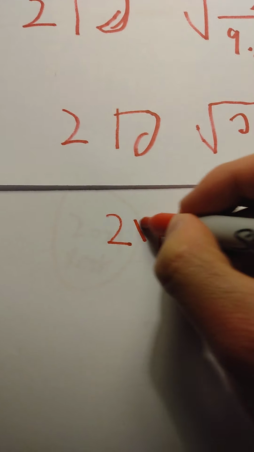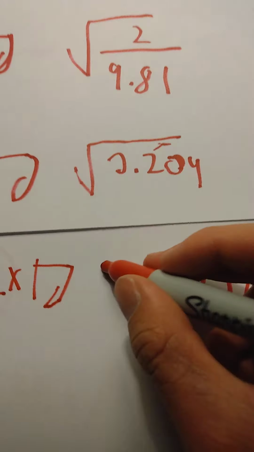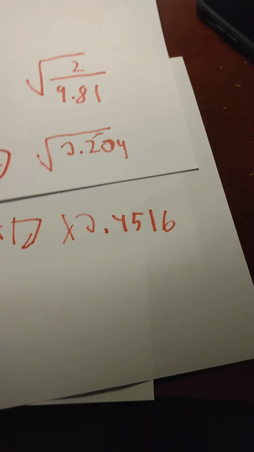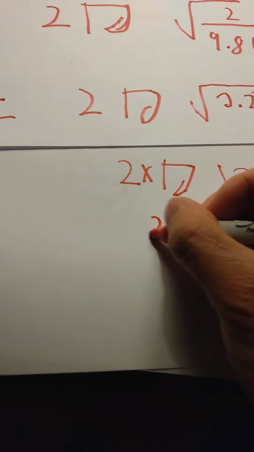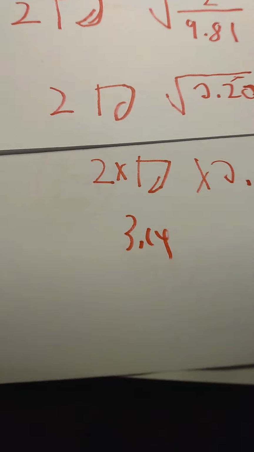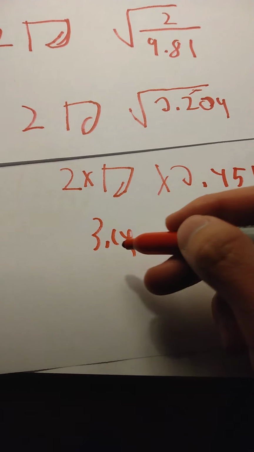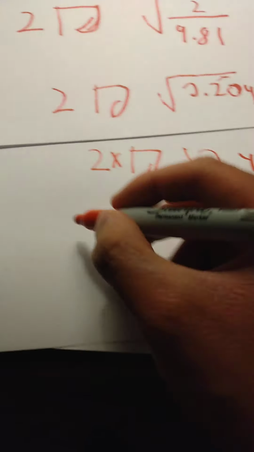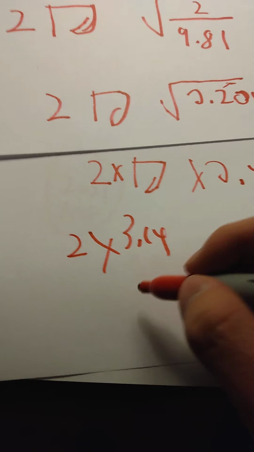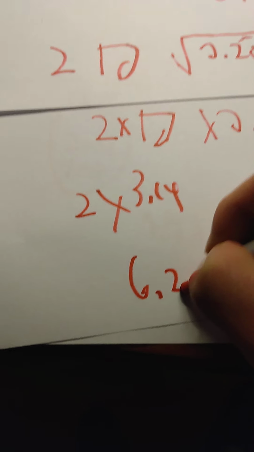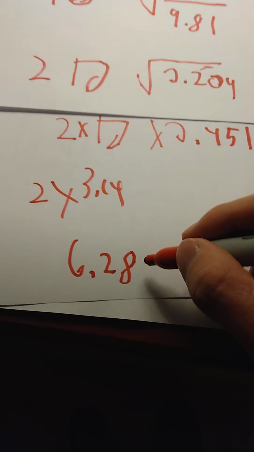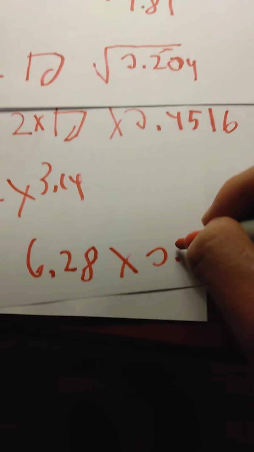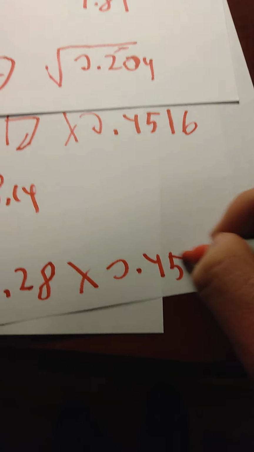So we have to do 2 times pi, then multiply that by 0.4516. 2 times pi, because pi is always 3.14. Pi cannot be any other number but 3.14. So 2 times 3.14 would be 6.28. Then we have to multiply that by 0.4516.